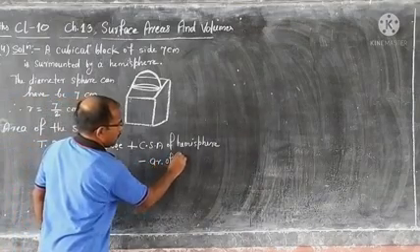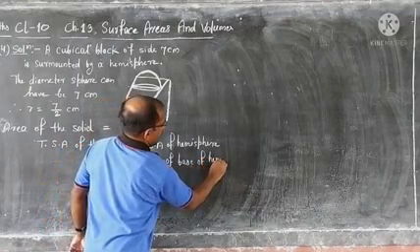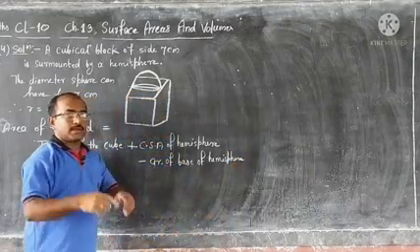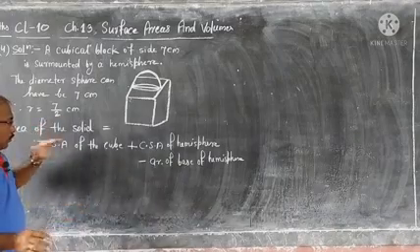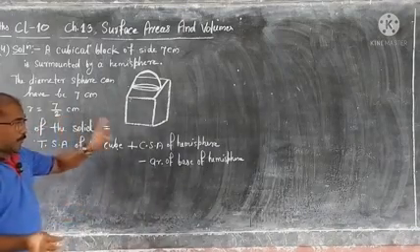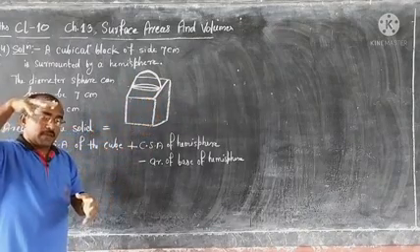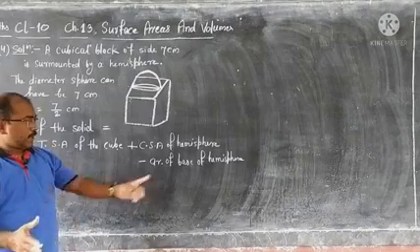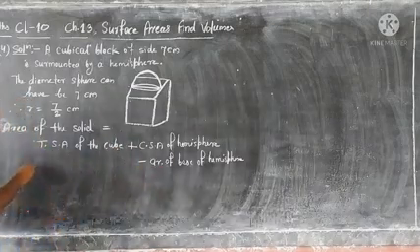Area of base of hemisphere, and we all know the base of the hemisphere is a flat circular base. Is it clear? Total surface area of the cube plus curved surface area of the hemisphere, but the hemisphere's flat surface is attached on the top surface of the cube. So, that area we will have to subtract.